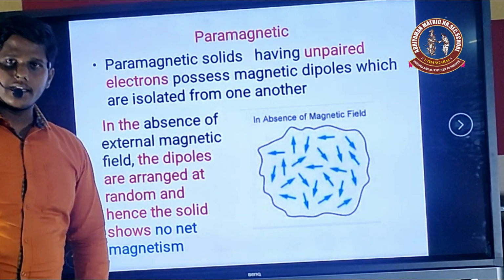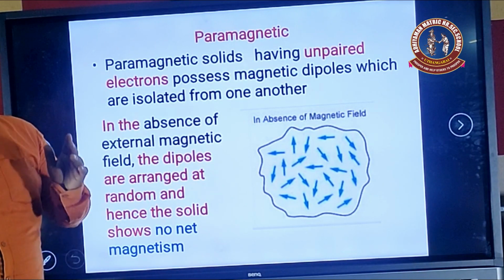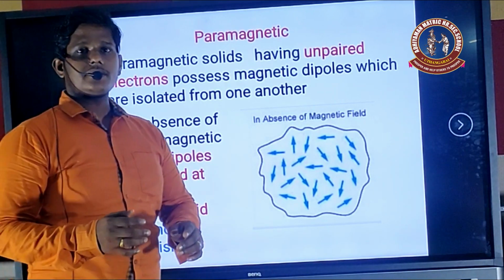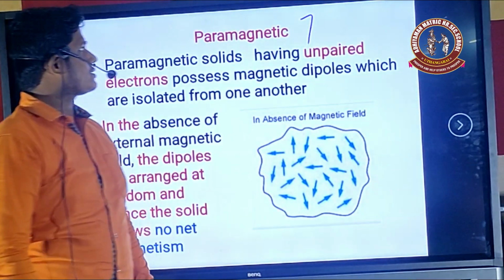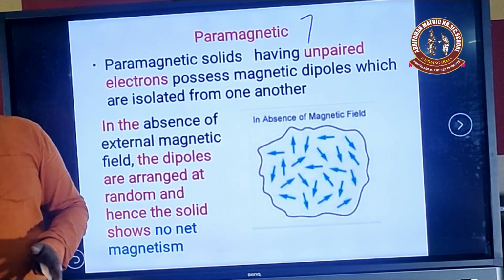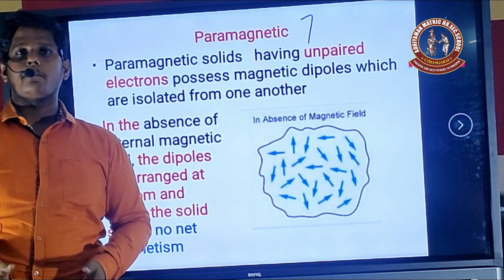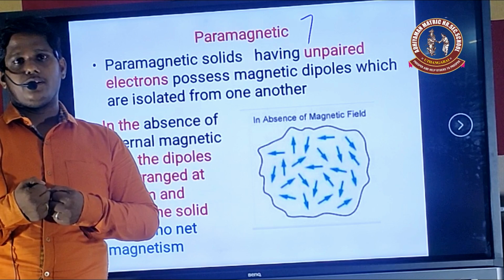Also paramagnetic character. Paramagnetic means the presence of unpaired electrons, that means a single electron. This is called a paramagnetic character. When a paramagnetic substance is placed in a magnetic field, it attracts the magnetic field.